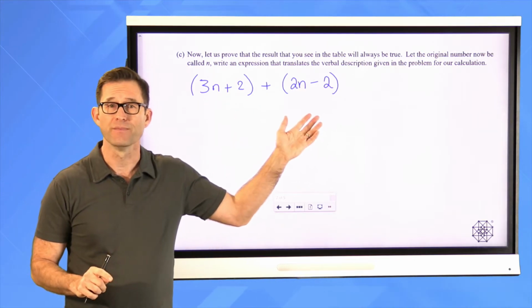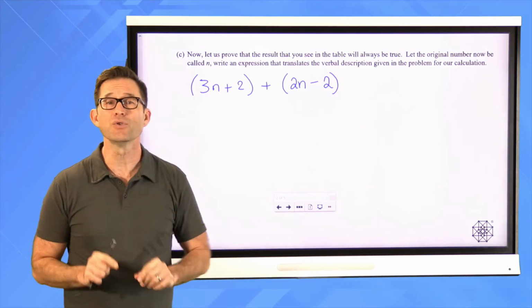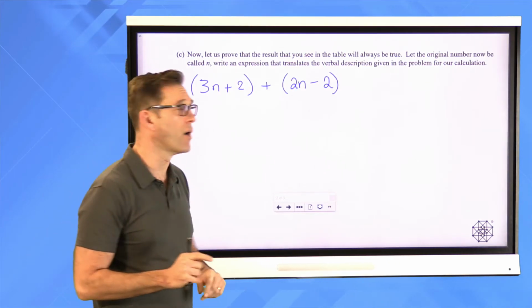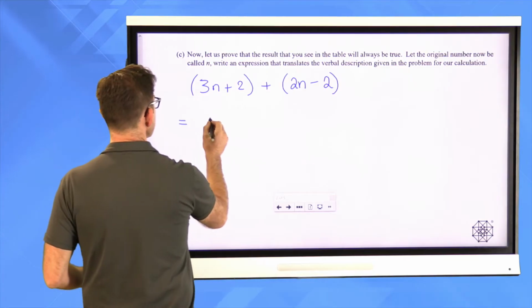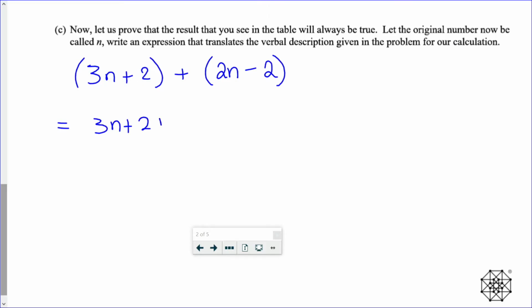So this is just translating the pattern that was given to us in words into a mathematical expression. Because of the associative and commutative properties of addition, I can rewrite this as 3n plus 2 plus 2n minus 2.